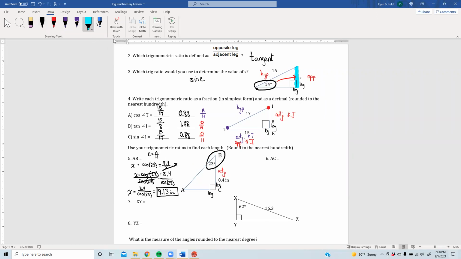But now I want AC. How does AC relate to the angle that's given? It is opposite. So which one uses opposite and adjacent? Tangent.